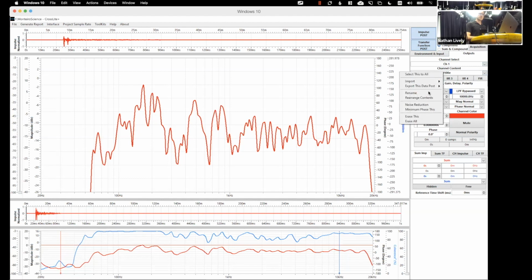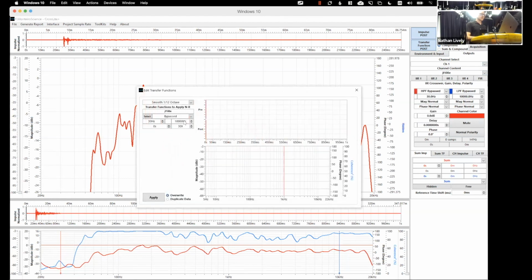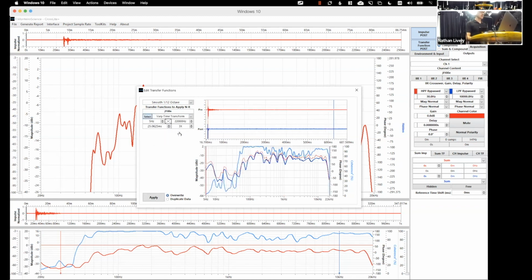Okay, then we can try noise reduction, which is similar to some of the windowing options that you have in REW, for those of you who use REW.